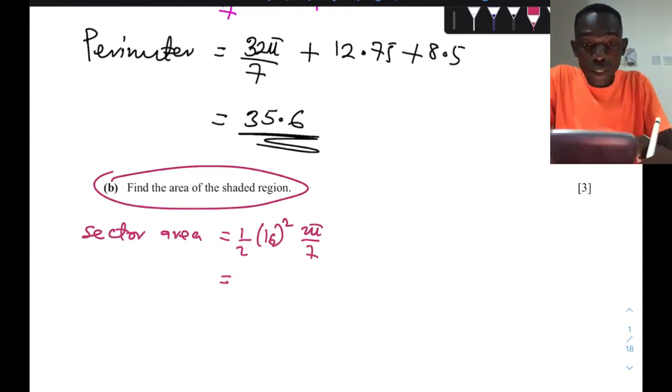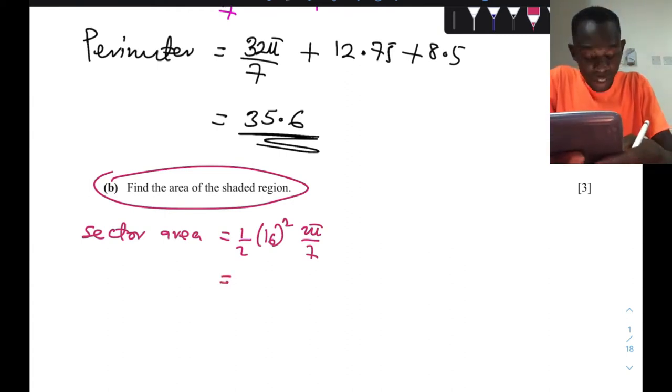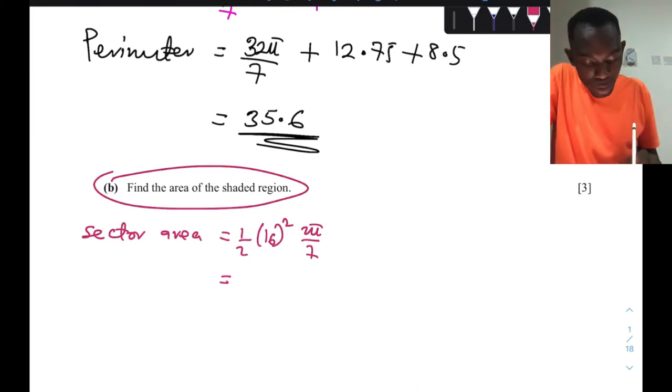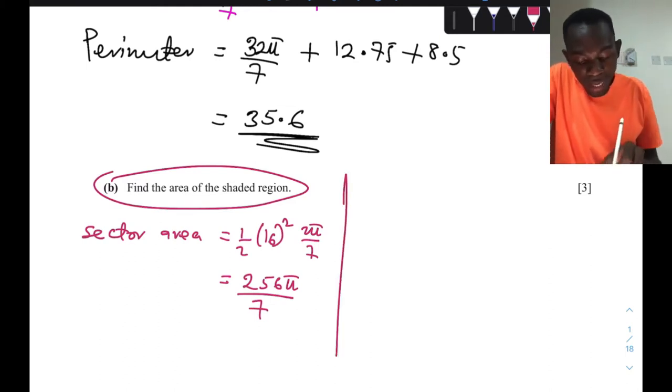So this will be 0.5 times 16 squared times 2 pi on 7. Calculator says you get 256 pi on 7.